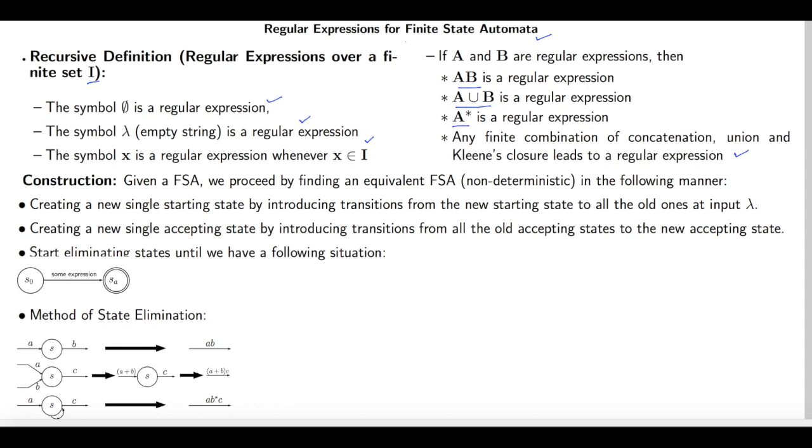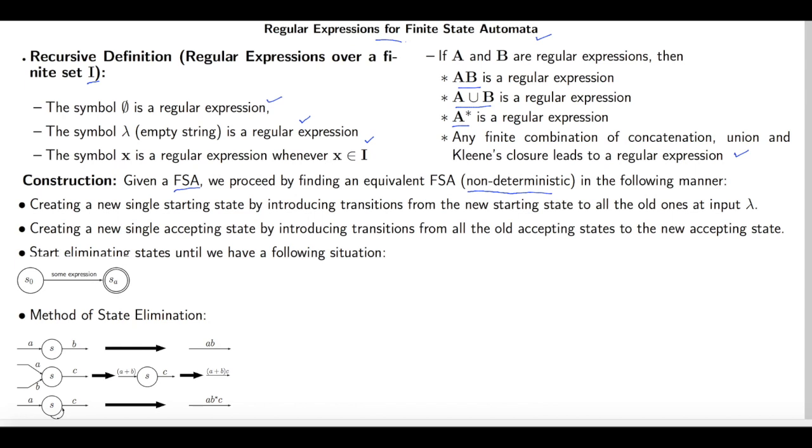Now we talk about how we can find a regular expression given a finite state automaton. What is our way to do it? We do it by construction. If we are given a finite state automaton, we proceed by finding an equivalent finite state automaton which is non-deterministic in the following manner. We create a new single starting state by introducing transitions from the new starting state to all the old ones at input lambda.